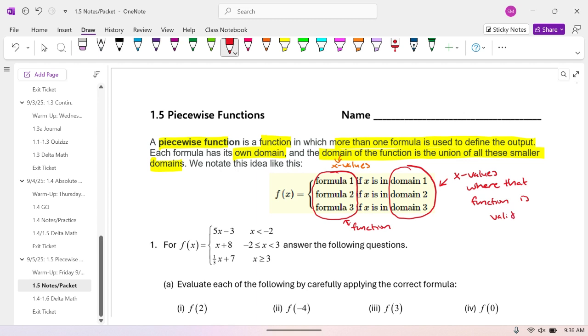Because again, they use different pieces of different functions within the graph. So the way we tell where the pieces start and stop is through those domains. And typically, these domains will be written in inequalities. So you really got to know your inequality symbols.